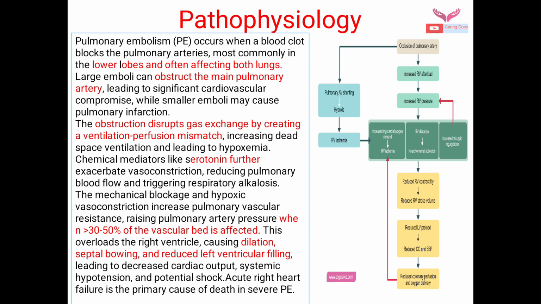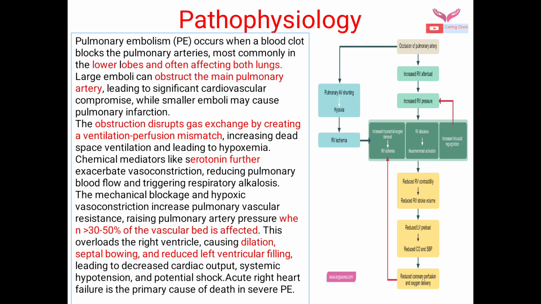The obstruction disrupts gas exchange by creating a ventilation-perfusion mismatch, which increases the dead space ventilation and leads to hypoxemia. Chemical mediators like serotonin further exacerbate the vasoconstriction, reducing the pulmonary blood flow and triggering respiratory alkalosis.